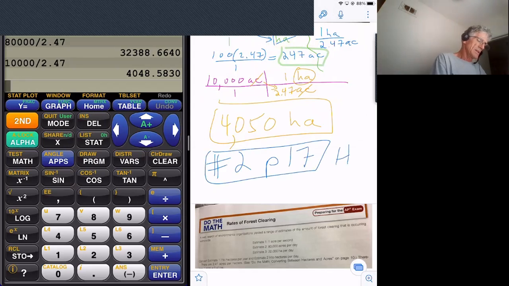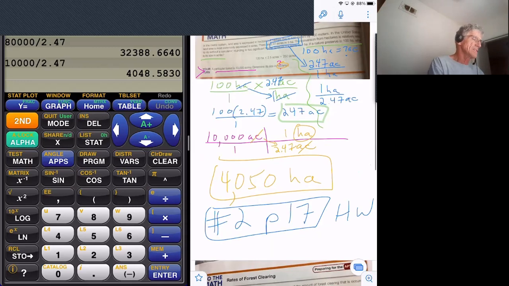Get that in tonight. Now show me your work. I don't want just an answer. I want to see the setup like I did, either with the fractions, or with the shortcut branching cross thing.